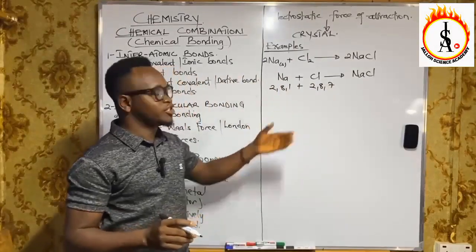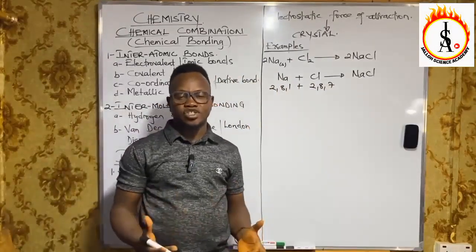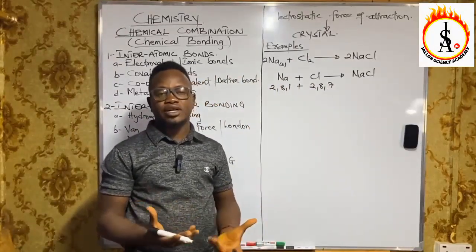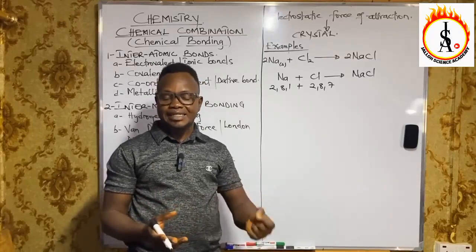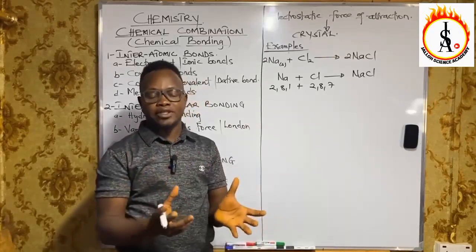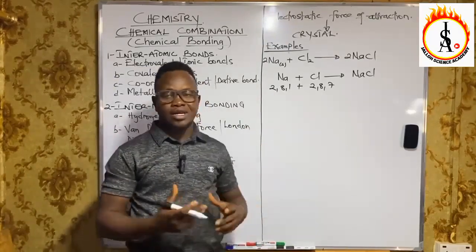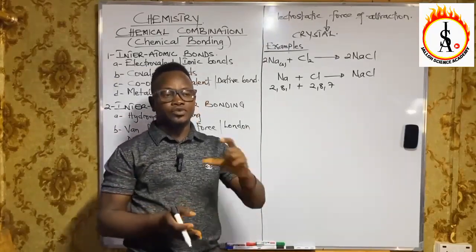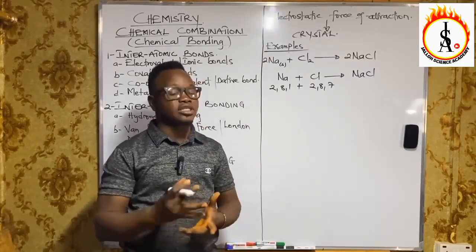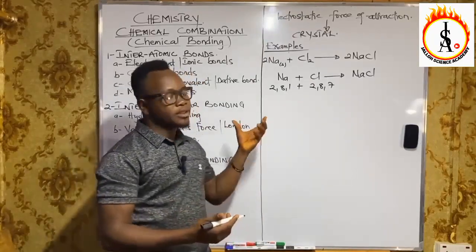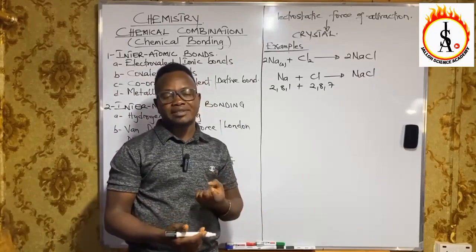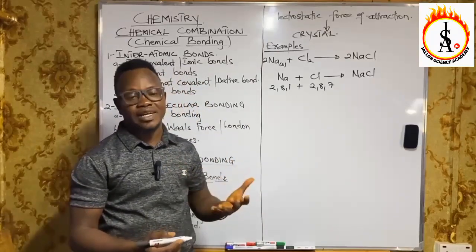Now, both these species want to be electrically neutral, and they can be electrically neutral by either completing the duplet structure or completing the octet structure. The duplet structure, as in helium, has a maximum of 2 electrons in its valency shell, or they complete the octet structure with a maximum of 8 electrons in the valency shell.